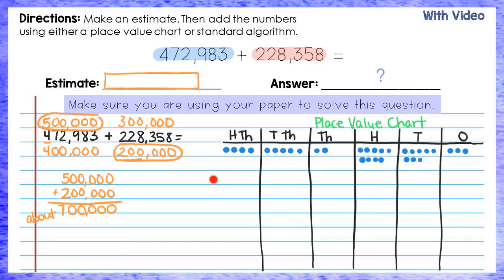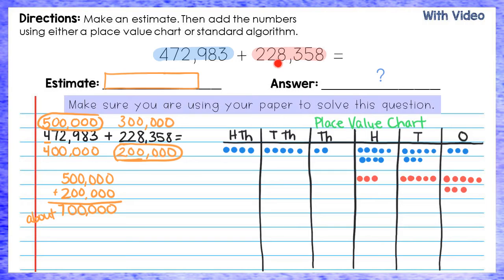I'm going to do it in red underneath. All right, in the ones place there are 8. 1, 2, 3, 4, 5, 6, 7, 8. In the tens place, there are 5. 1, 2, 3, 4, 5. In the hundreds place, there are 3.